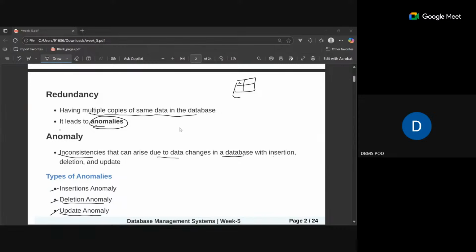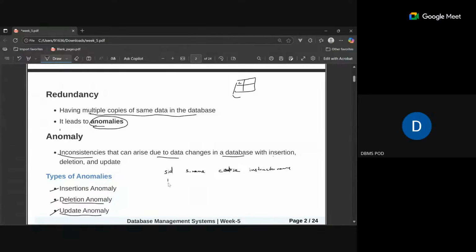I'll take student ID, student name, course, and instructor name.